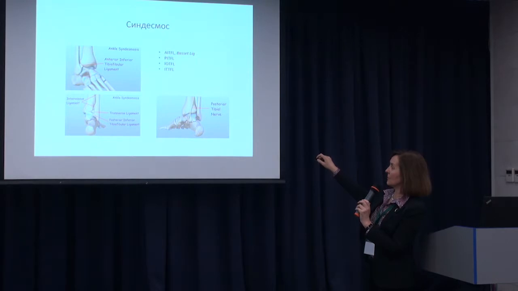Then the posterior inferior tibiofibular ligament, and above which, again between tibia and fibula, but deeper and shorter, is the transverse ligament, and of course the interosseous ligament.